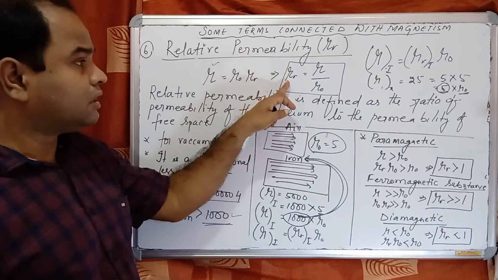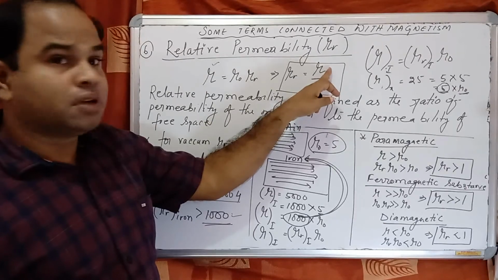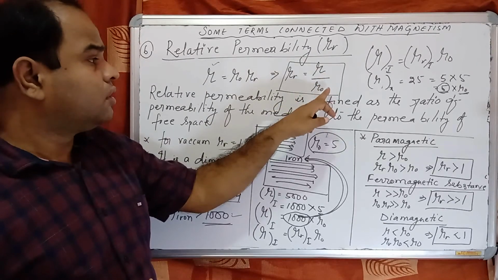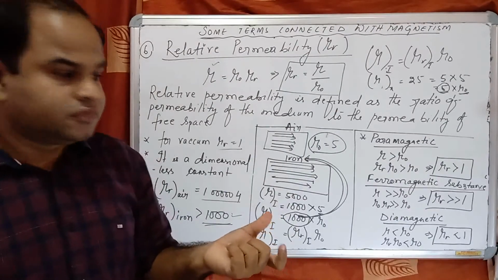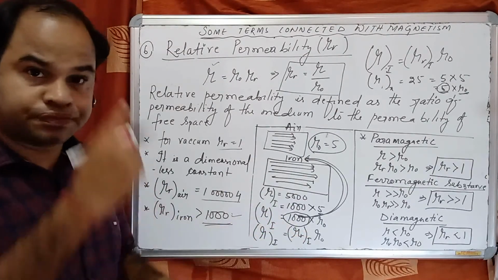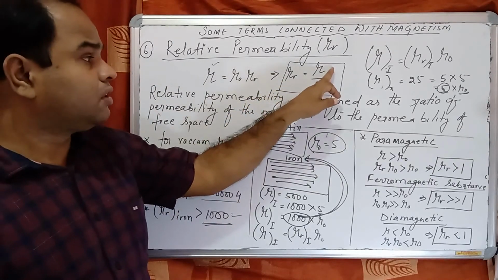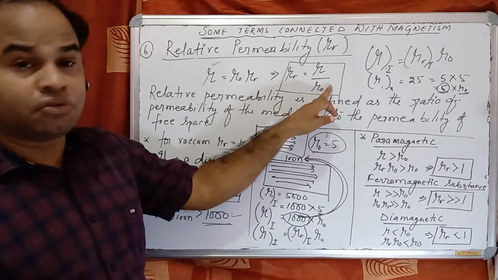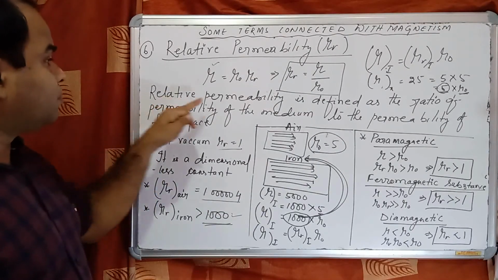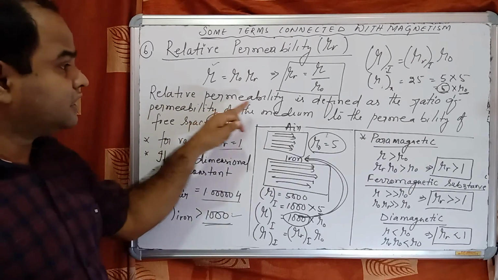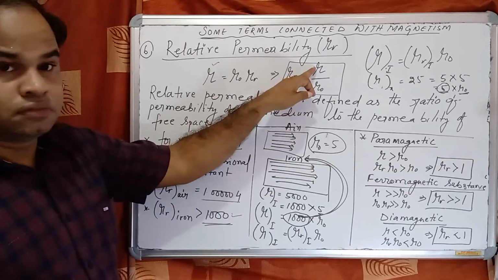Mu r is simply a number because dividing permeability by permeability of free space, which has the same unit and dimension, gives a constant. So mu r is the ratio of permeability of any medium to the permeability of free space. Relative permeability is defined as the ratio of permeability of the medium to the permeability of free space.